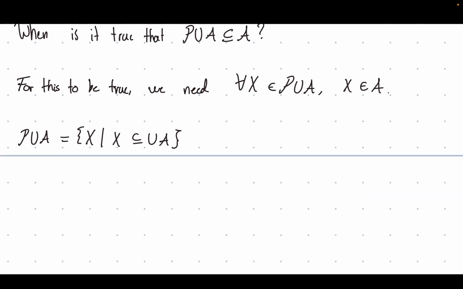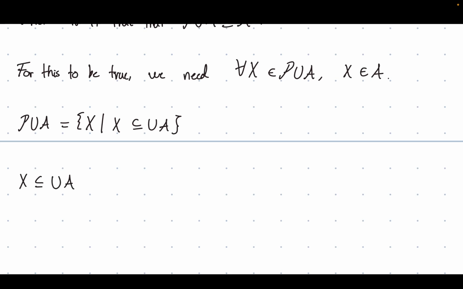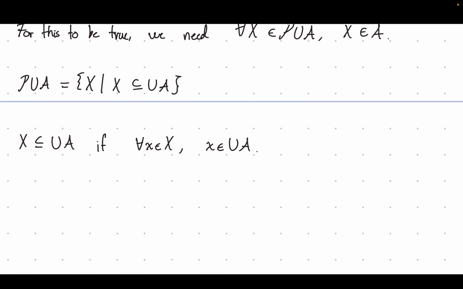And of course, X is a subset of the union of A if for all little x in big X, little x is in the union of A. And little x is in the union of A if there exists some little a in big A such that little x is in a.